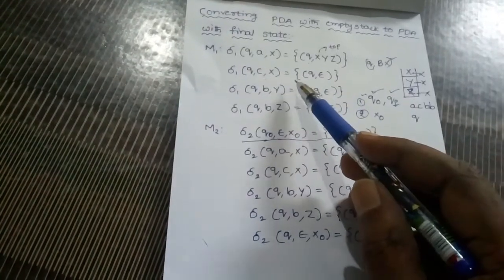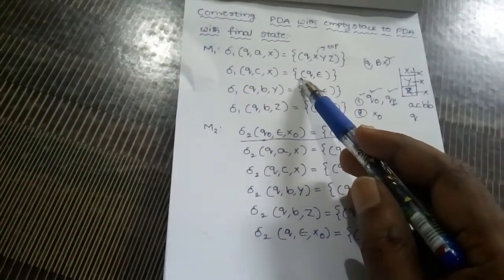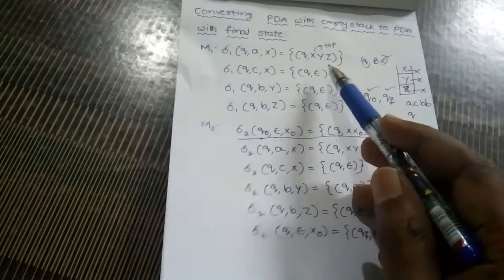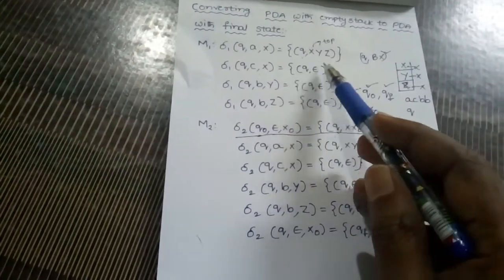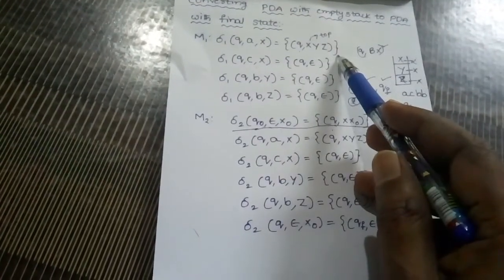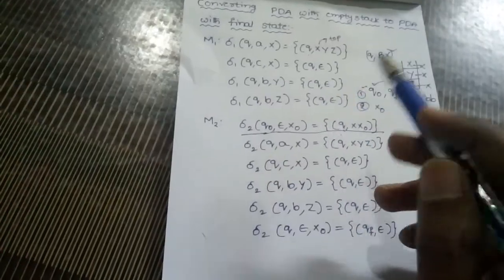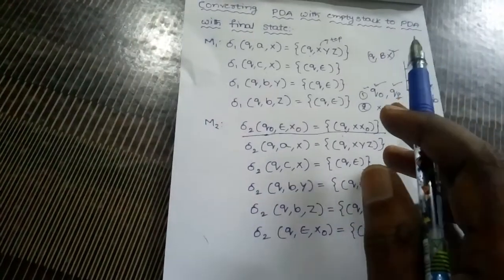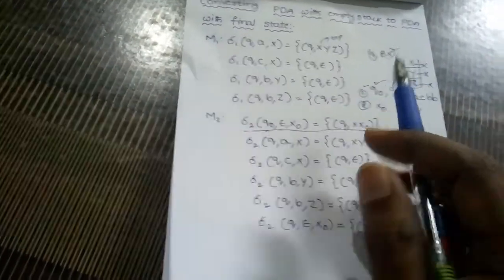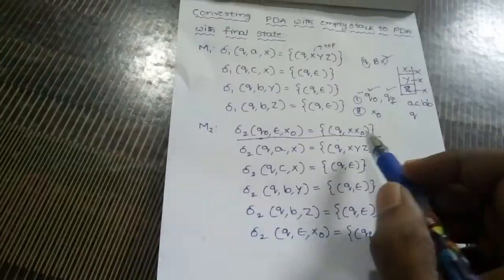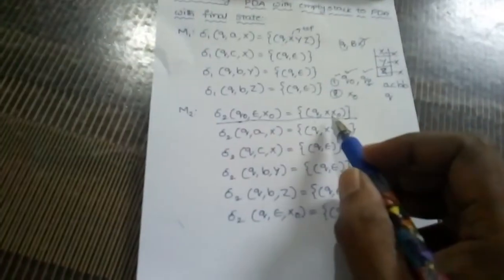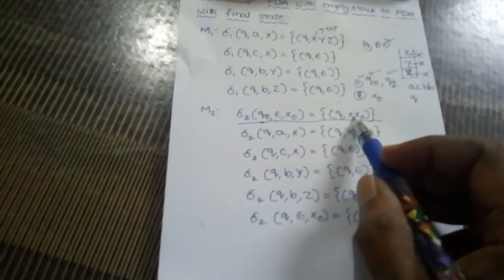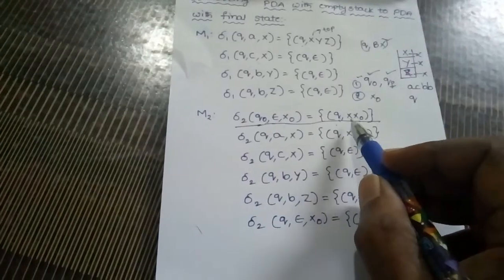What is the initial bottom of the stack for the PDA with empty stack? That is X. So whatever is the initial top of the stack for the given PDA, that we have to insert here. Okay, now X is the top of the stack.